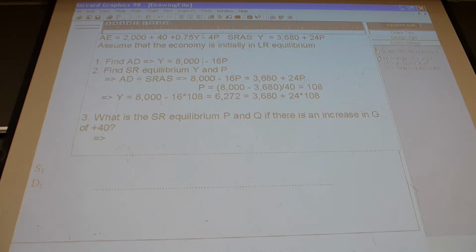Everybody? You can get it in two ways. And this is why this is here. Be aware that you just plug it back into this equation and solve it.